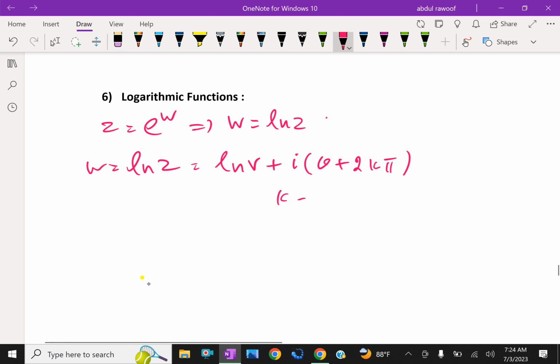K is 0, plus or minus 1, plus or minus 2, like it goes.